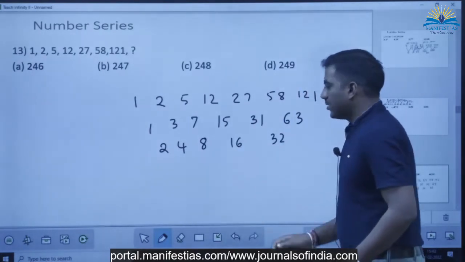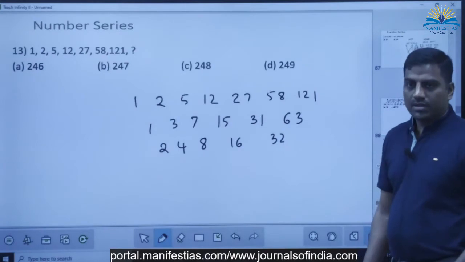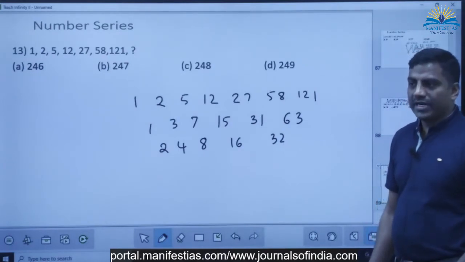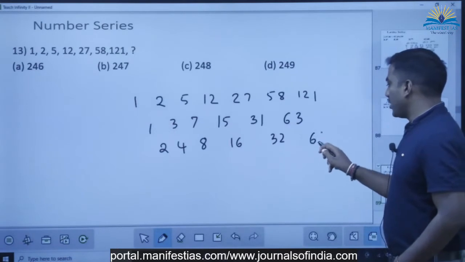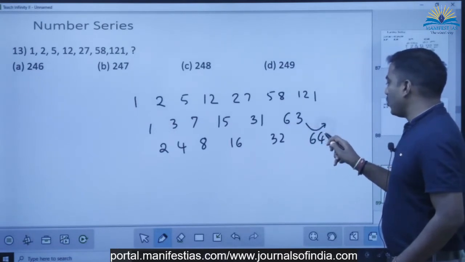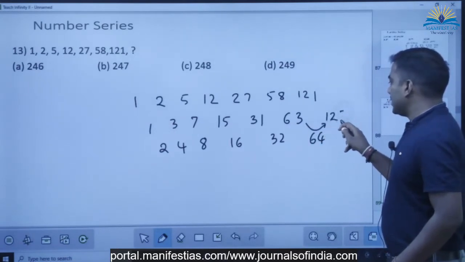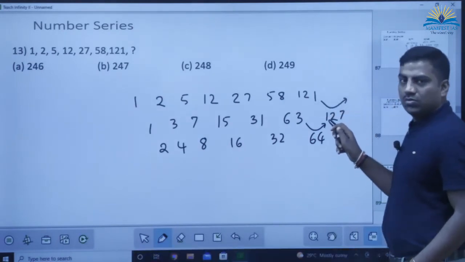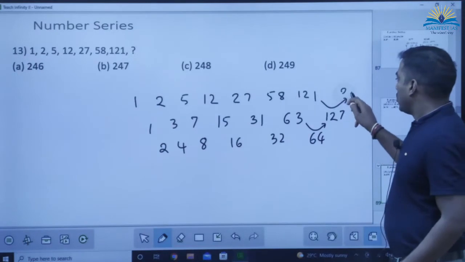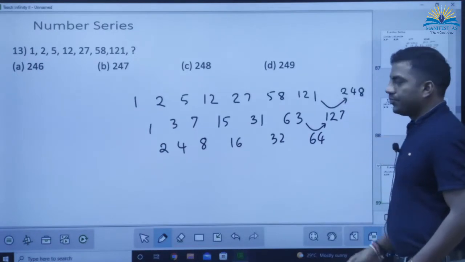What is happening here? Geometric progression, 2, 4, 8, powers of 2. Now 64 here. 63 plus 64 would give me 127. 121 plus 127, 248.